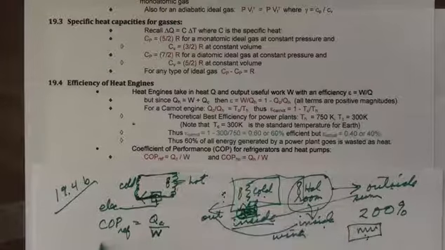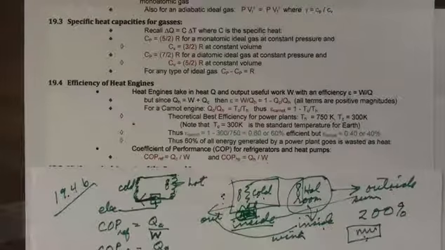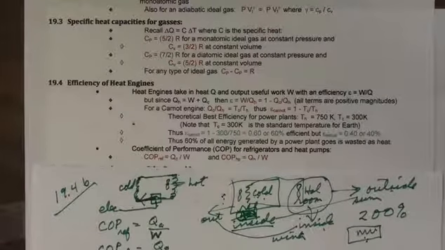If I look at a heat pump, the coefficient of performance is equal to the heat that comes out divided by the work I have. Because what I'm interested in is how much heat I can produce for a given amount of work. And remember, I said that efficiency was about 200% in South Carolina for a heat pump.